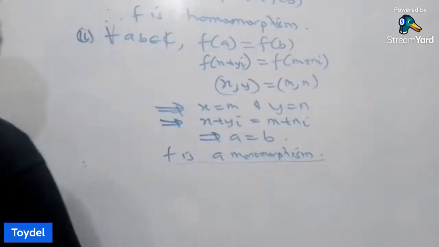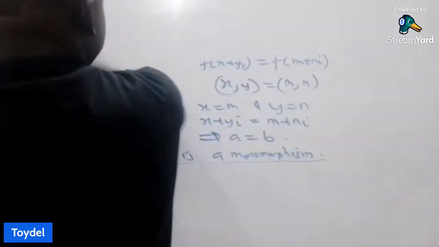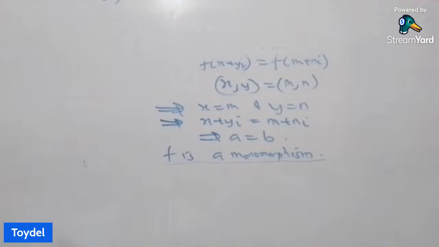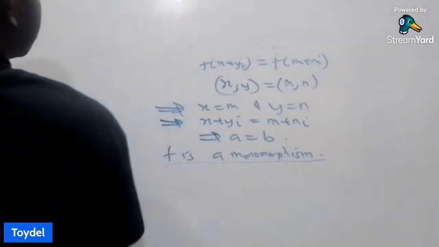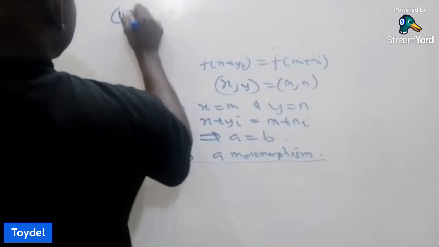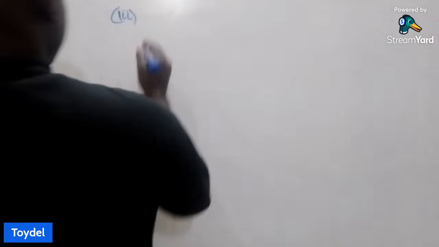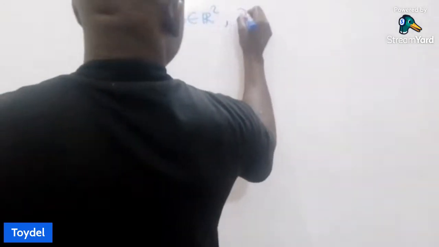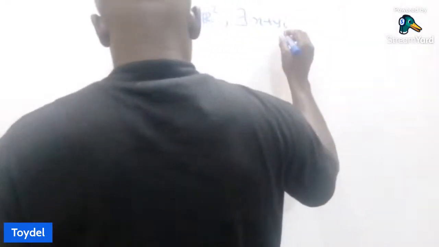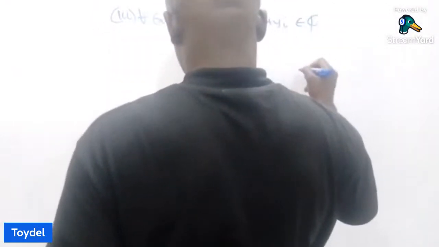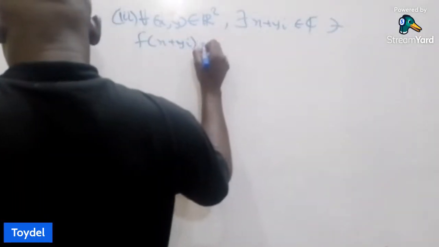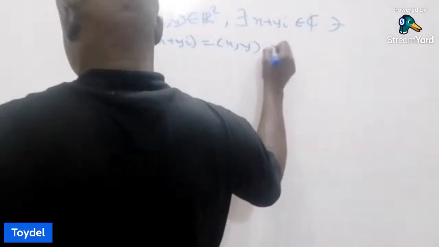Then we go ahead and show the third condition. The third condition is onto, number 3. So we show for the onto condition. If it is satisfied, then we know what to do. We now say for all x, y that belongs to R2, there exists x plus yi that belongs to the set of complex numbers such that f of x plus yi is equal to x comma y.